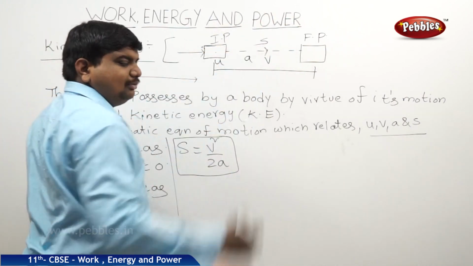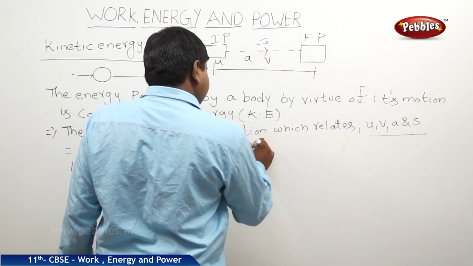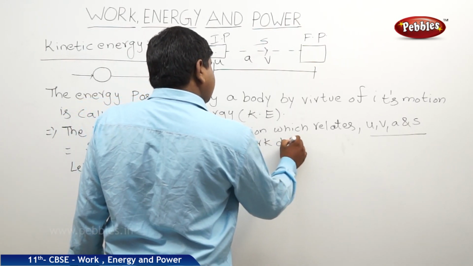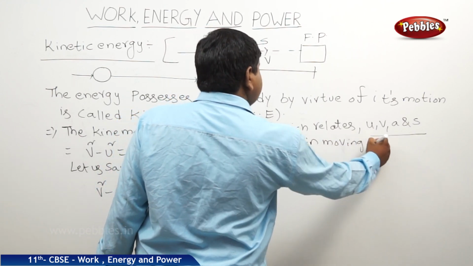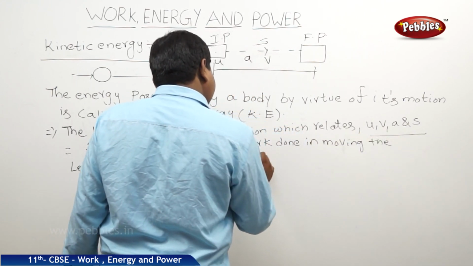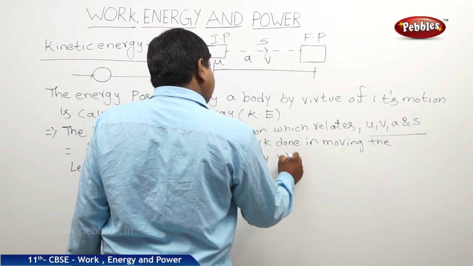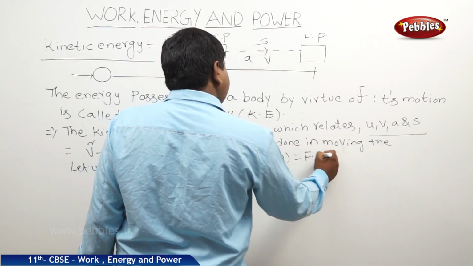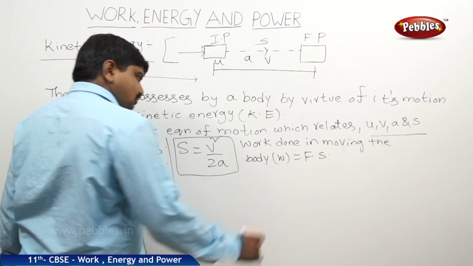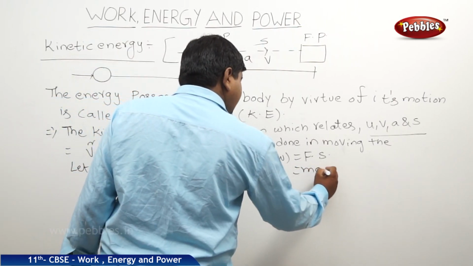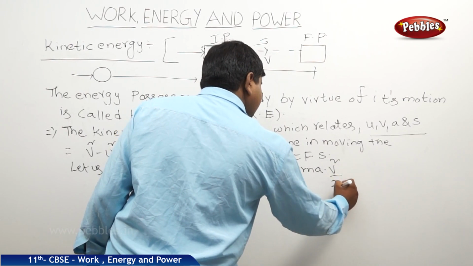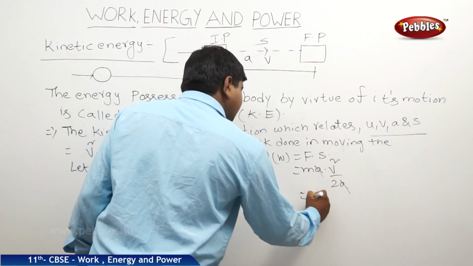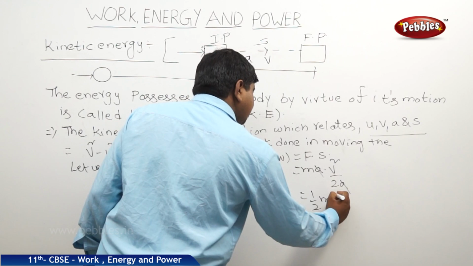What is the work done in moving the body? W is equal to F dot S, where F is equal to ma, and S is equal to v square by 2a. The a and a get cancelled, you will get half mv square.